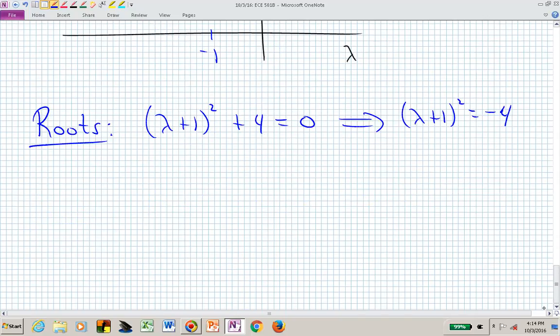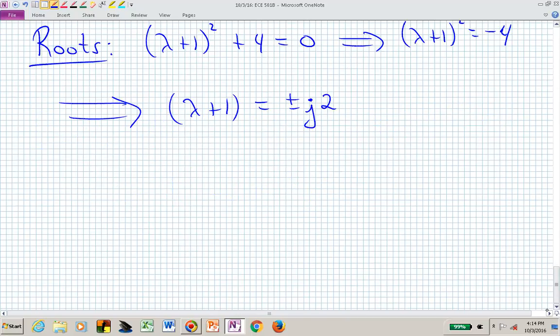Or adding -4 to both sides. If we now take the square root of both sides, the square root of a minus number introduces this square root of -1, which we can represent, let's just do it as j. And with the square root, we get 2 roots, and the square root of 4 is 2.